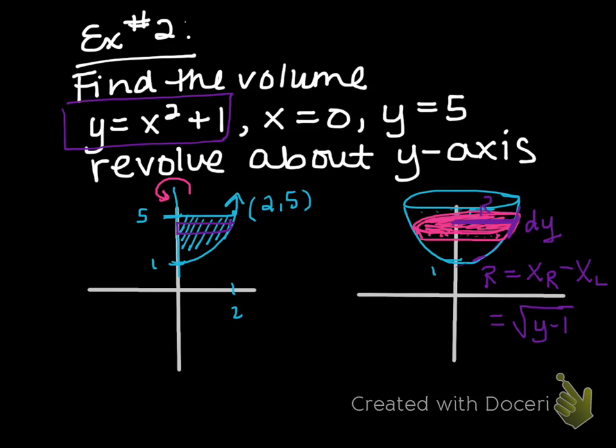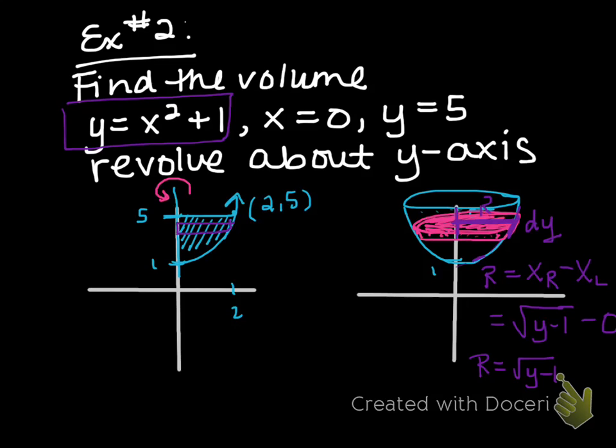And then x left, well, that is just this value right here, so that's always going to be x equals 0. So we're subtracting off 0 for the x left. Now that means our radius is just the square root of y minus 1.